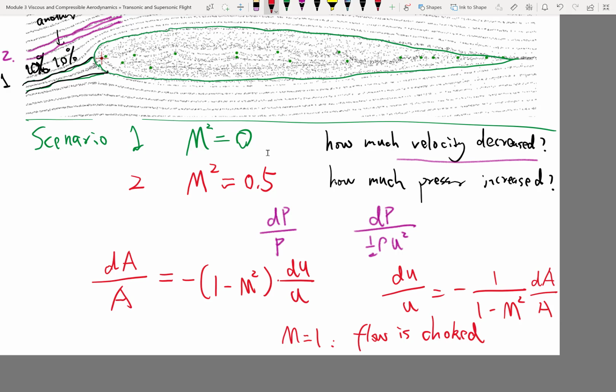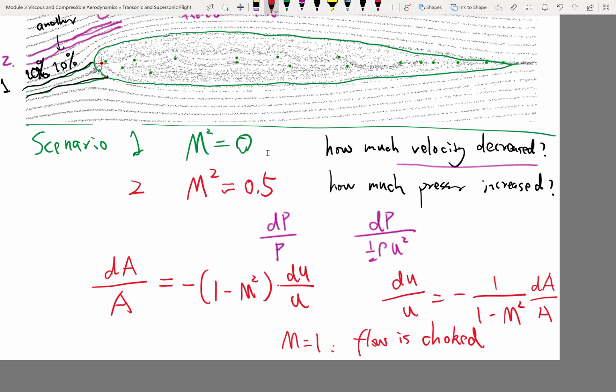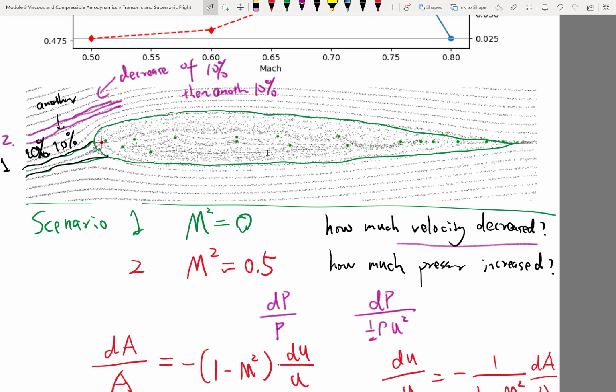That's probably the most important information you can gather intuitively by just looking at transonic flow streamlines. For example, if this is indeed a transonic flow streamline, by transonic I mean part of the flow is supersonic, part of the flow is subsonic, I can read where the Mach number is exactly equal to 1.